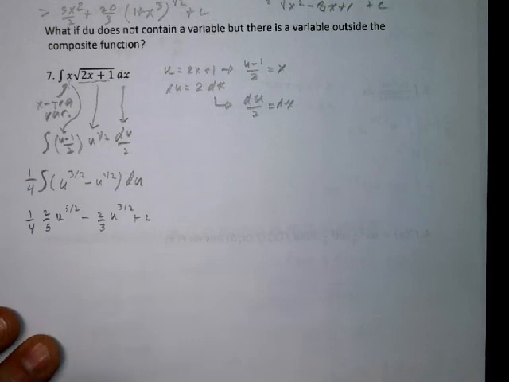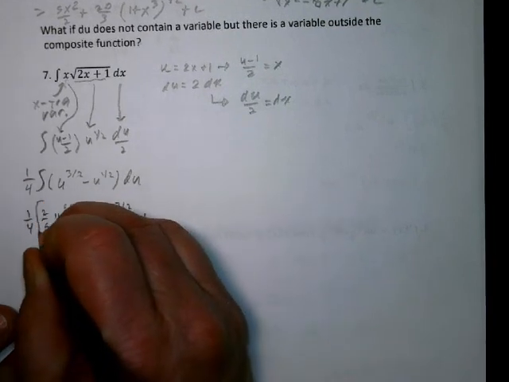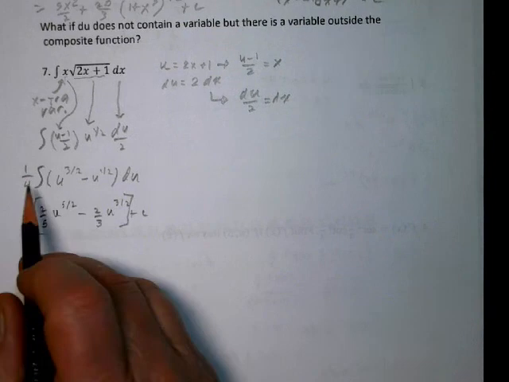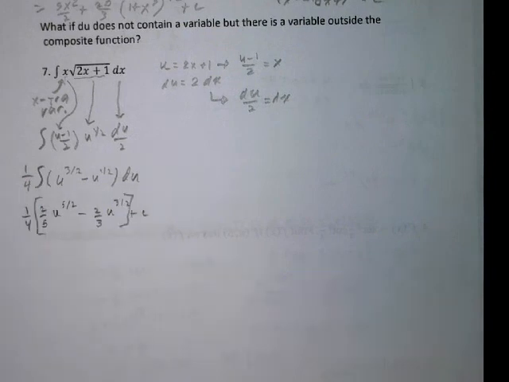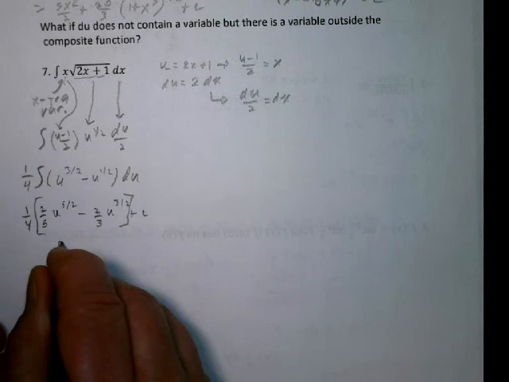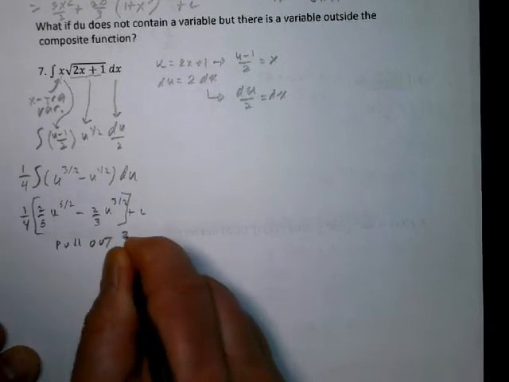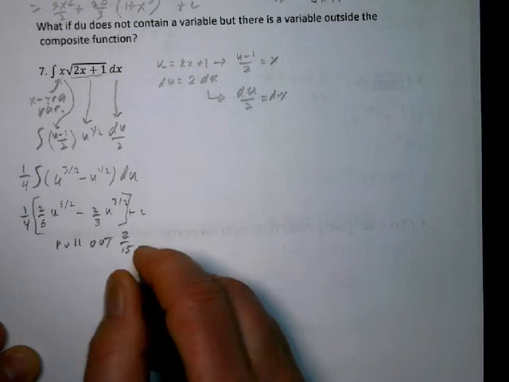Now my next step, I'm actually going to pull out a 2 over 15 u to the 3/2. I apologize, I should have had that in brackets because it's 1/4 times the whole thing.